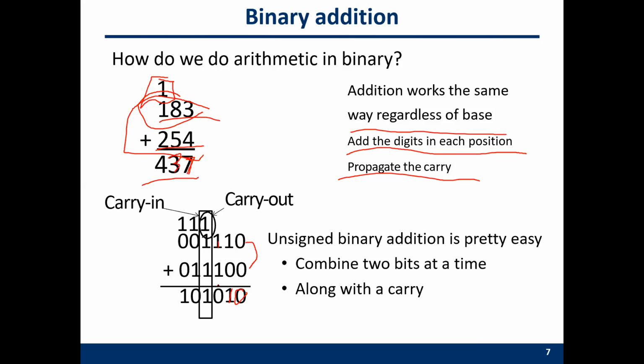But this is base 2, so we cannot have a 2 here. We have to write 2 as 1, 0. So the 0 can stay here, and the 1 is carried out to the higher, more significant bit.